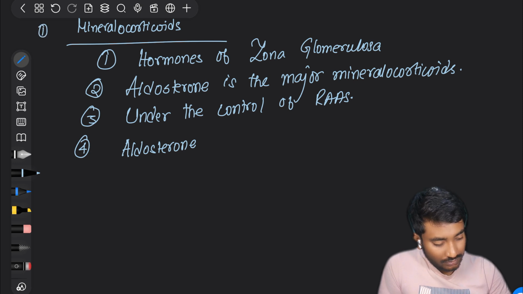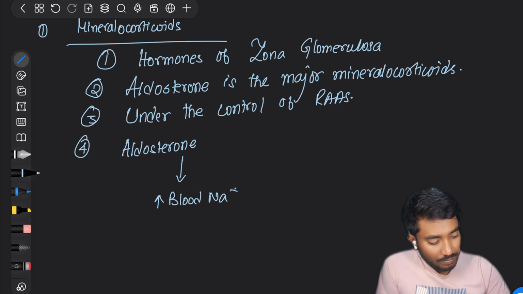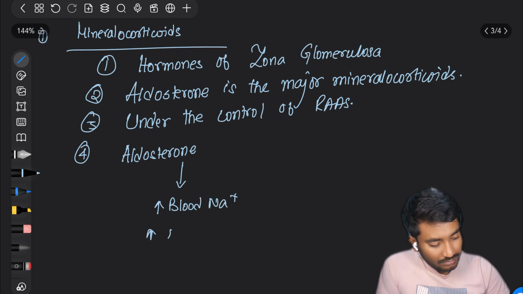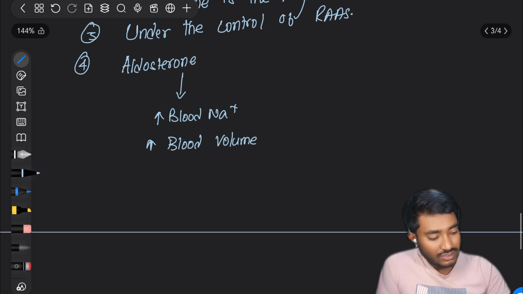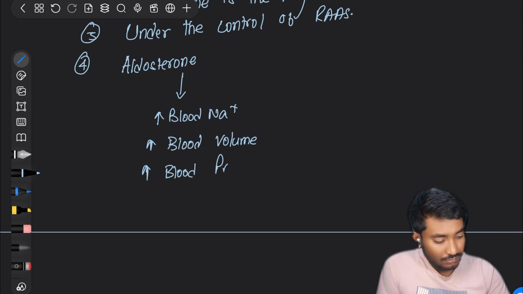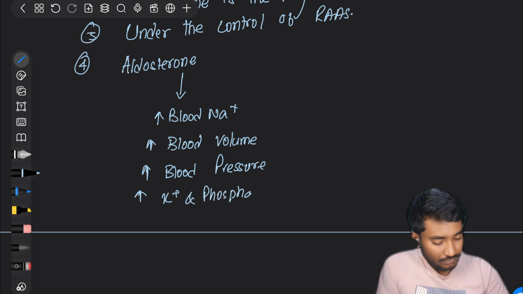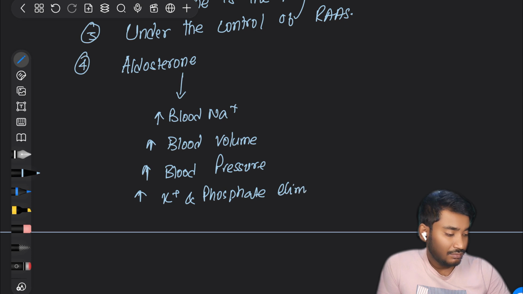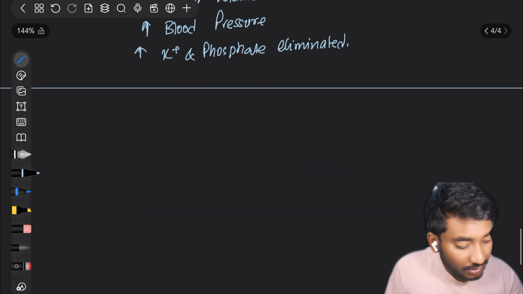It helps in blood sodium uptake, helps in blood volume, and blood pressure. I have already said this in the chapter excretion. Phosphorus and phosphate are eliminated. This is the function of the mineralocorticoids.